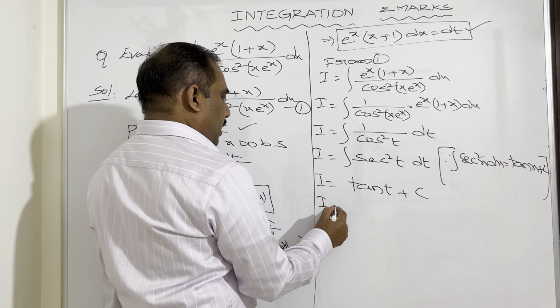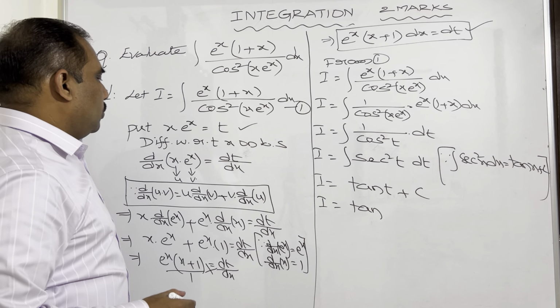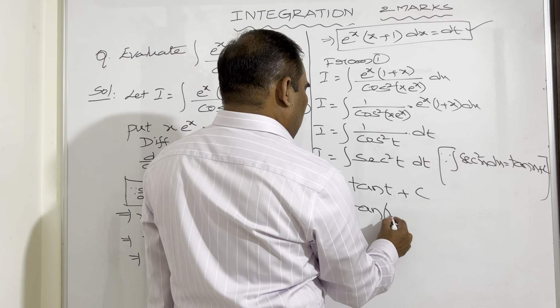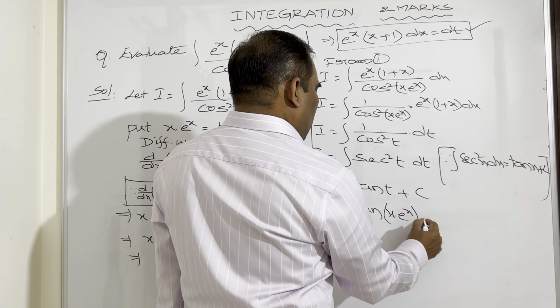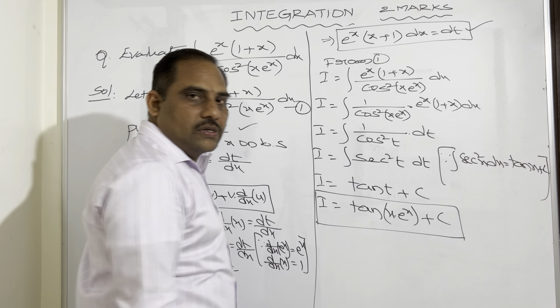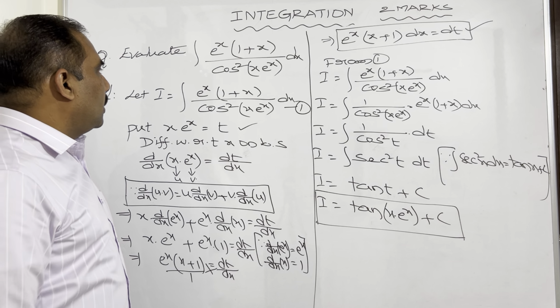Finally, t is replaced by x e^x, so the integral of the given function is I = tan(x e^x) + c.